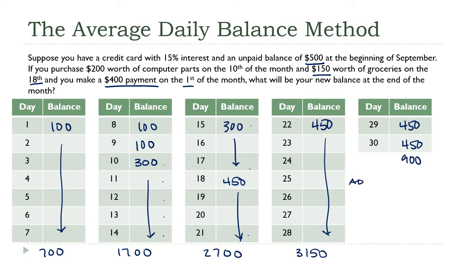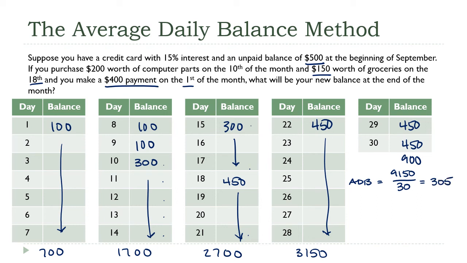So to get my average daily balance, add all of these up. 700 plus 1,700 plus 2,700 plus 3,150 plus 900. That's 9,150. And again, I'm going to divide by the 30 days in September. That gives me an average daily balance of $305.